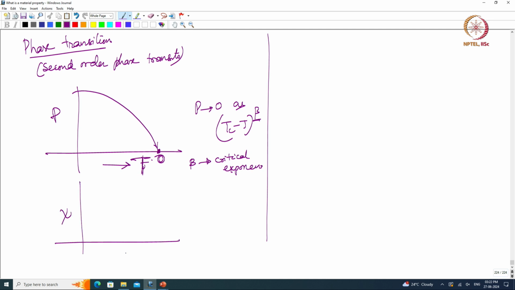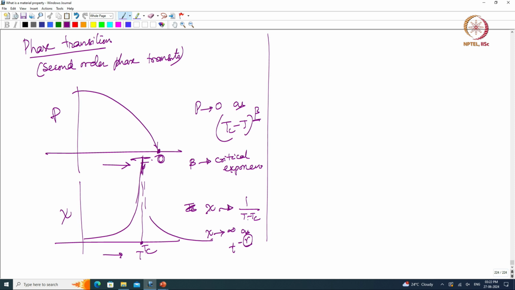Similarly, what happens to susceptibility, that is the derivative of polarization with respect to electric field? Susceptibility goes to infinity at Tc. So, chi goes as 1 by (T minus Tc) in the high temperature phase, and in the low temperature phase it is minus 1 by (T minus Tc), but in any case chi goes to infinity as (T minus Tc) to the power minus gamma, right.